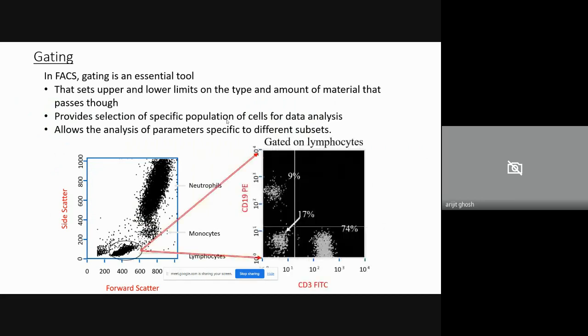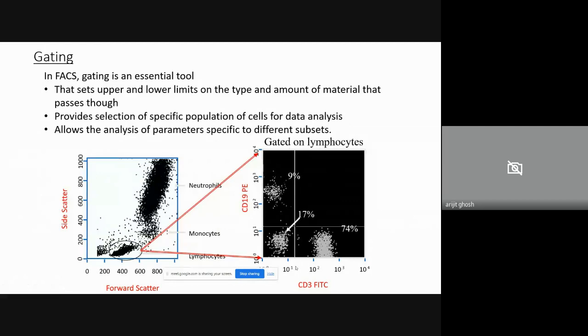You can see here a picture of normal blood, with forward scatter and side scatter, and only the lymphocytes are gated first, and they were tagged with CD19 and CD3.